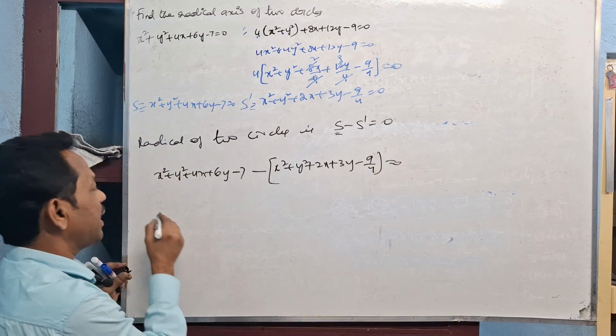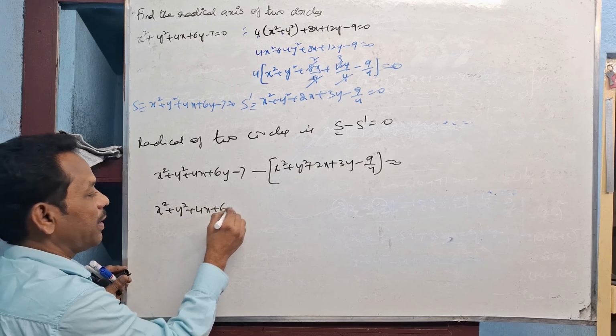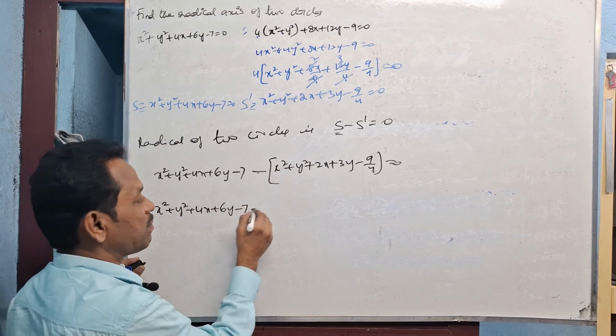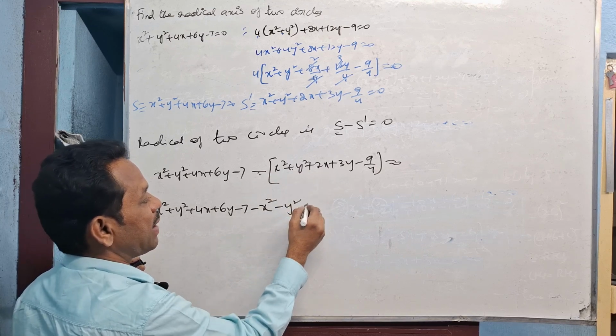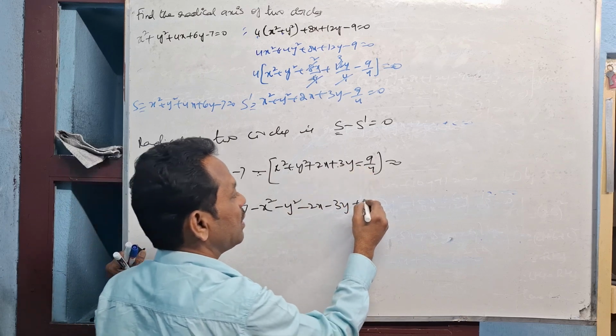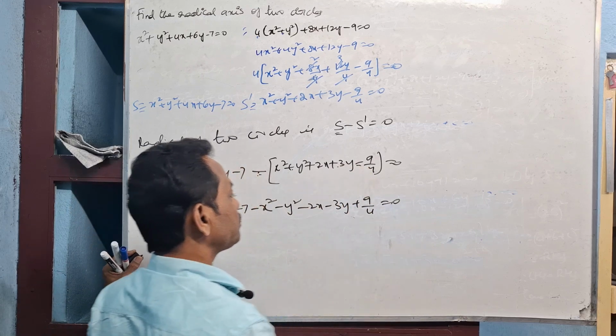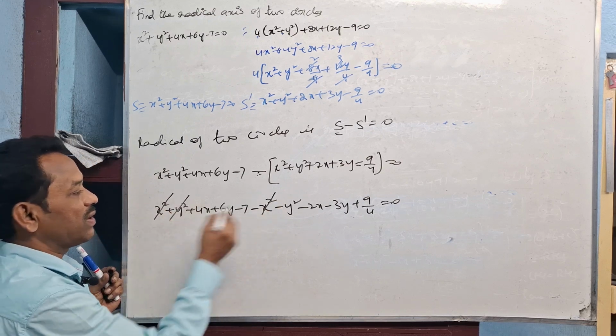So let me open the bracket. So x square plus y square plus 4x plus 6y minus 7, plus into minus, minus x square minus y square minus 2x minus 3y, minus into minus plus 9 by 4 equals 0. Okay, so we can cancel x square and x square, y square and y square.